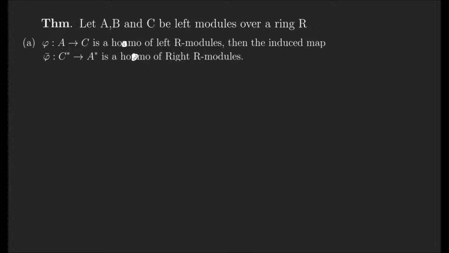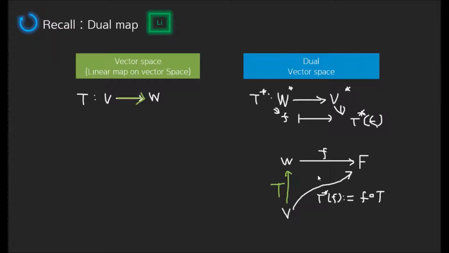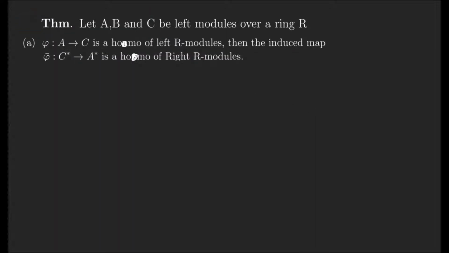The checkpoint is the concept of the dual map. The definition of the dual module is clearly similar to dual vector spaces, but the point is that left and right sides are switched.